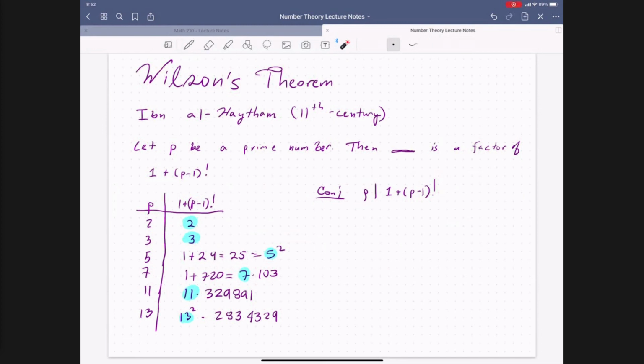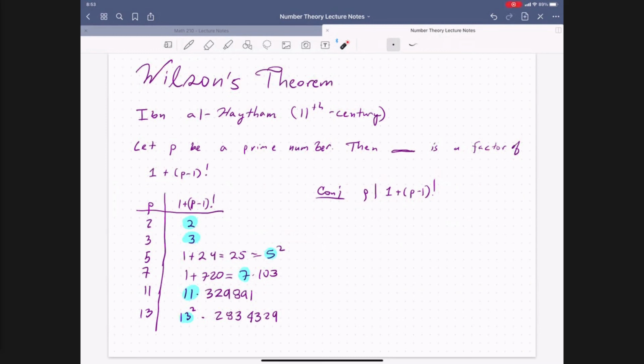Apparently, Wilson had come upon this statement, that p divides 1 plus (p minus 1) factorial, through numerical investigation but did not have a proof. But that article eventually fell, in the weeks following the publication, into the lap of Lagrange, who sought to prove this result and succeeded.